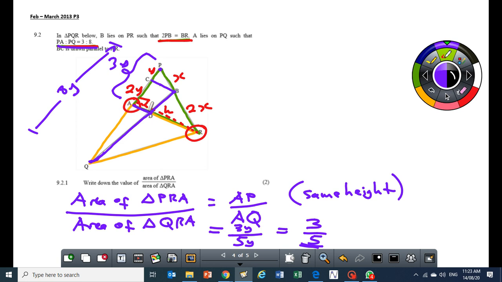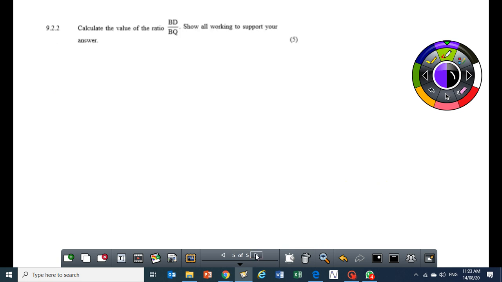It means that I'm going to use triangle BCQ together with the proportion theorem to determine the ratio of BD over BQ. So let's carry on. It's 5 marks, remember? So you have to provide as much information as possible.